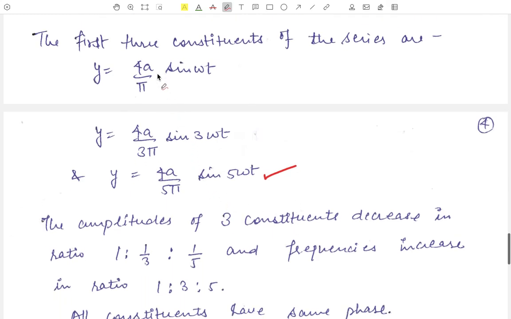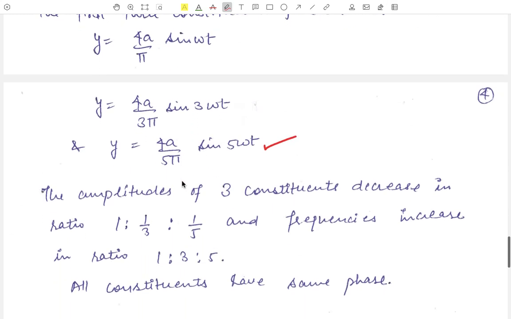Now by comparing these three we get that they decrease in the ratio. Here we have 1, here we have 3, and here we have 5 in the denominator. That is, their amplitudes decrease in the ratio 1 by 3, ratio 1 by 5. And for the frequencies, here we have 1 omega t, here we have 3 omega t, here we have 5 omega t.